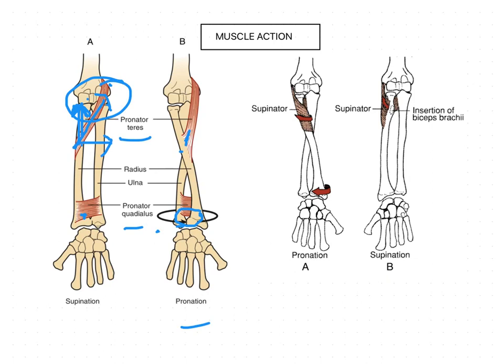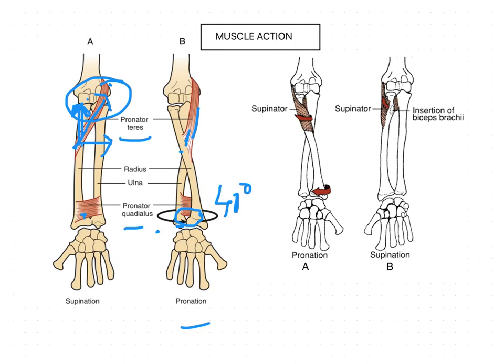An investigator called Bremer, in another study on cadavers, determined that the pronating effect of the pronator teres as well as the pronator quadratus is maximum between 40 degrees of supination and 40 degrees of pronation, and it decreases toward the extreme positions.